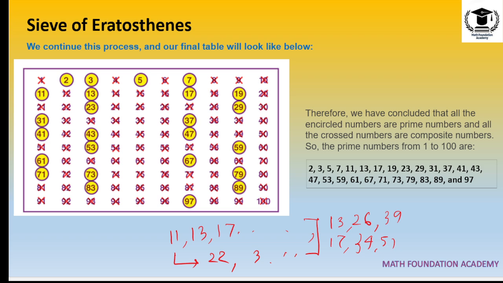And then at the end of this process, we'll see that around 80 numbers have been struck out. So they have been removed from the sheet. So all the crossed numbers in this table are basically composite numbers.